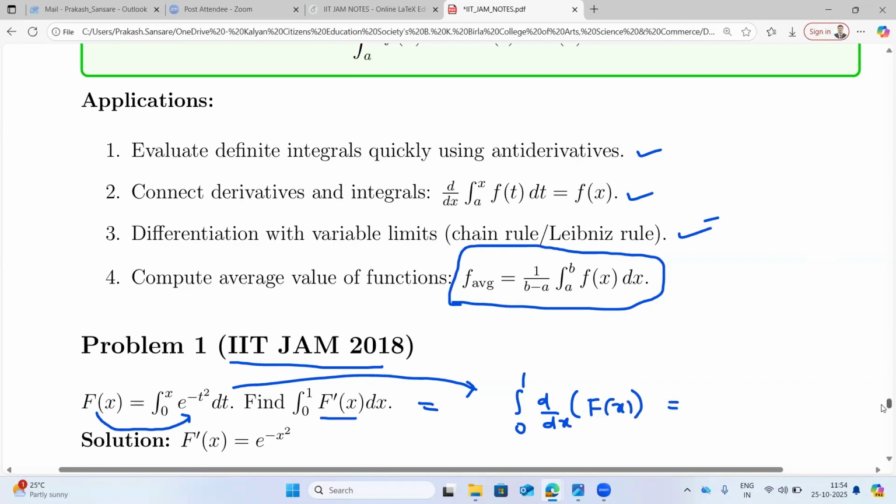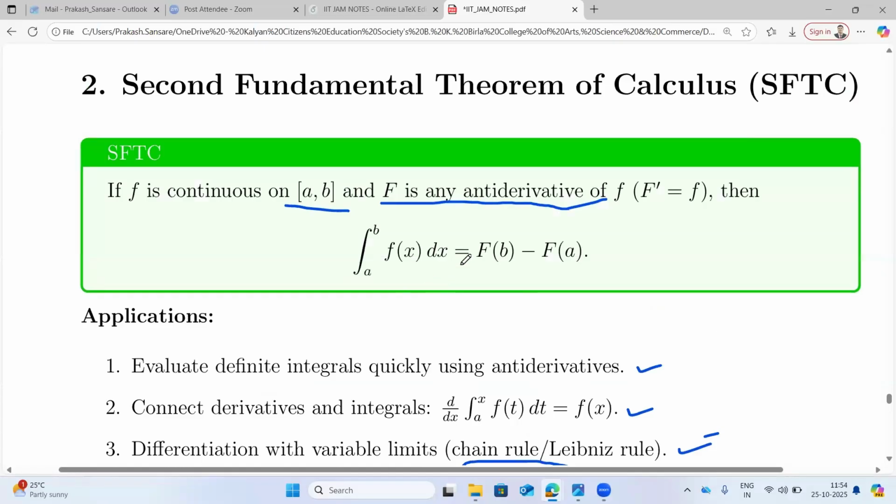Now, if you look at the second fundamental theorem of integral calculus, what does it say? Integral a to b. Now, what is my f of x? My f of x is basically f dash. So instead of f of x, I can write f dash x, and the integral of f dash x is basically f of b minus f of a.